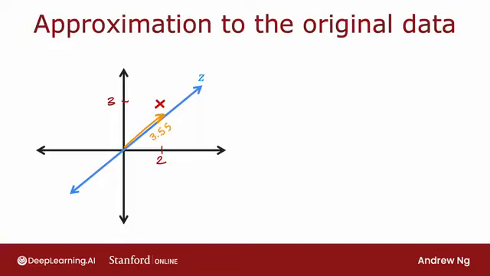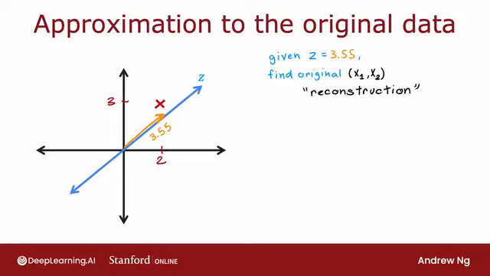One thing you could do is, if you have an example where z equals 3.55, given just this one number z, 3.55, can we try to figure out what was the original example? It turns out that there's a step in PCA called reconstruction, which is to try to go from this one number, z equals 3.55, back to the original two numbers, x1 and x2.